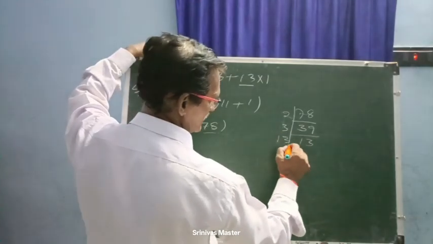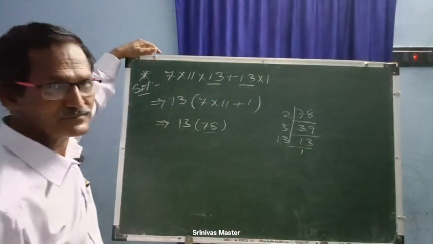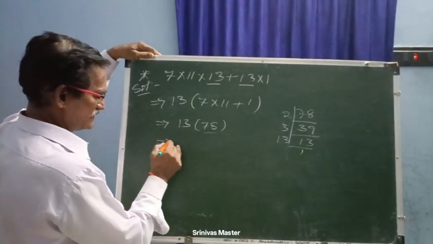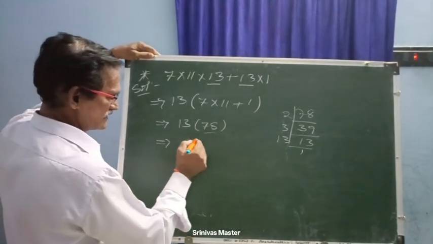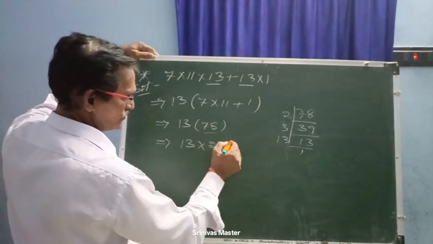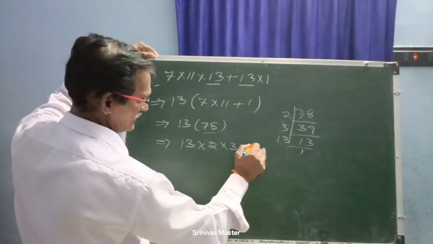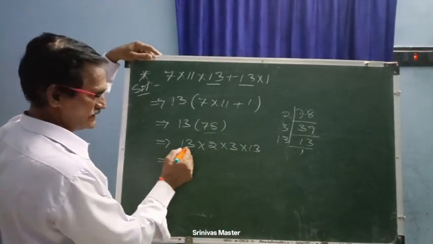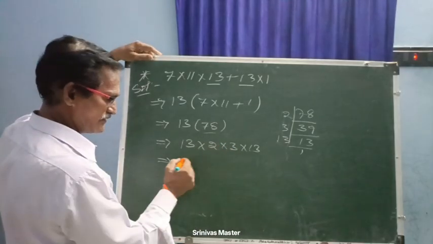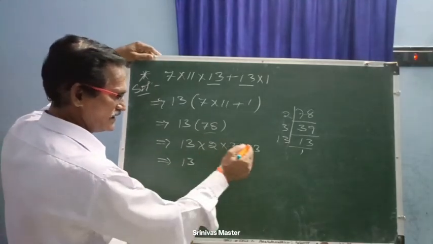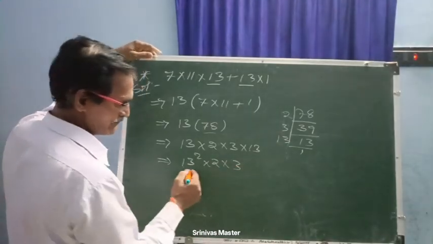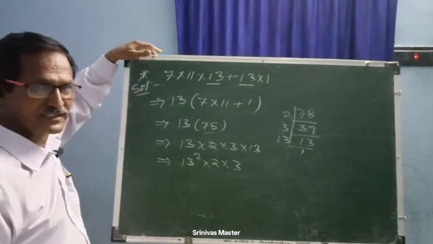So what are the factors you can write? 13 is one of the factors and 78 is 2 into 3 into 13. So 13 is there how many times? Otherwise we can write in exponent form also, 13 square into 2 into 3. So it is crossing more than 2 factors now.